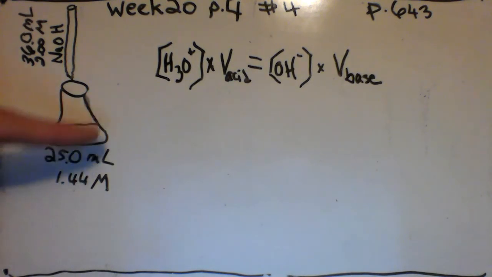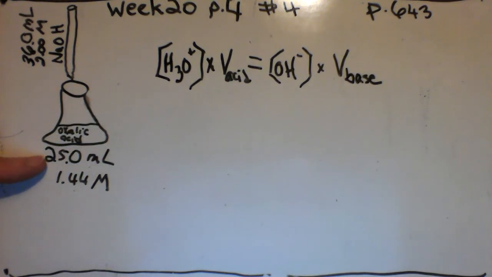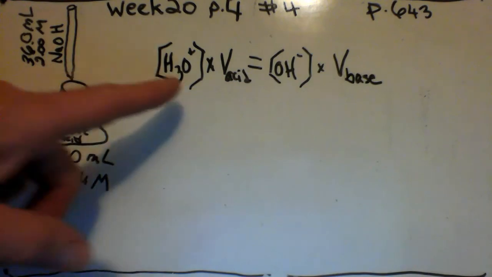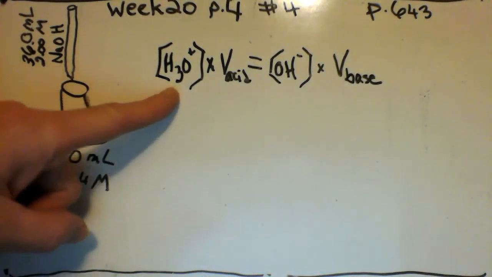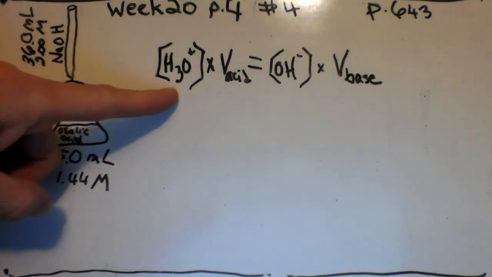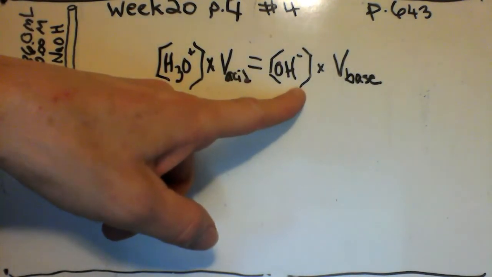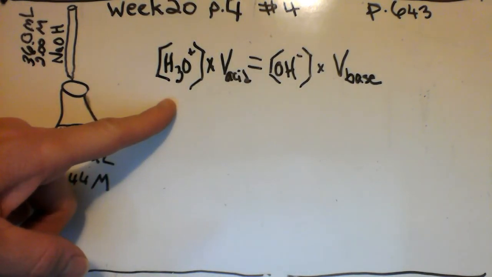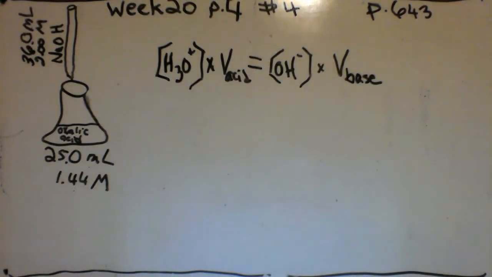So if we multiply the volume times the molarity of the acid and the volume times the molarity of the base, as I have in this equation here, if they are equal, that means this one completely canceled this one out, because for every one hydronium there is one hydroxide, and the two will bond together and form molecules of water, and that will neutralize the acid.